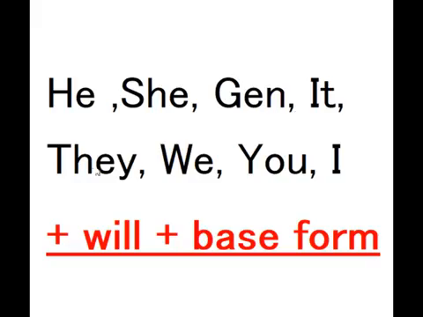When you say plural subjects, they, we, you, and I. I is actually singular. Okay, I'm sorry for that. The formula would be will plus base form. So it doesn't matter even if your subject is singular or plural. You just have to use will plus the base form.